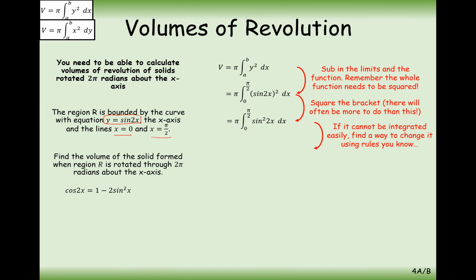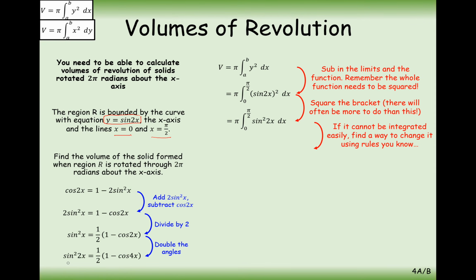Let's replace the x in that identity with 2x, and we'll get... and then we'll do it again, divide by 2, and then replace the x with a double angle, so it'd be sine squared 2x equals a half brackets 1 minus cos 4x. And it's actually easier to integrate this thing on the right than this thing on the left. So we'll integrate what sine squared 2x is equivalent to.